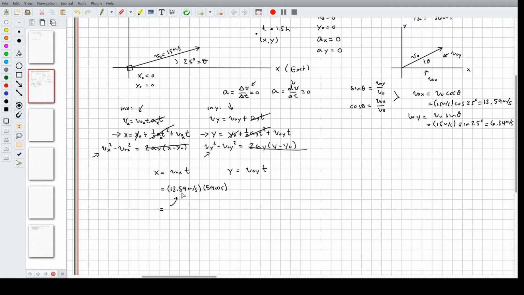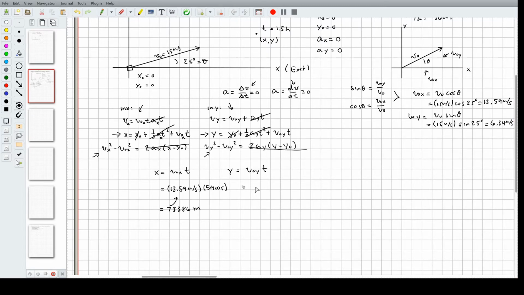So, when I plug the stuff into this, we have 13.59 times 5,400 seconds, 73,386. So this would be 73,386 meters. Now this is obviously before I round anything.